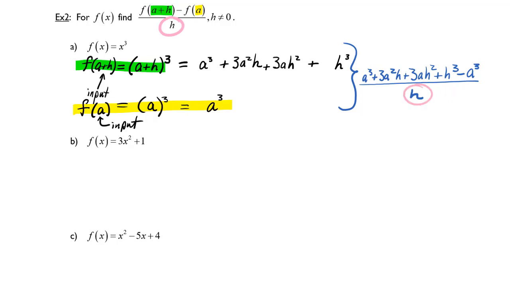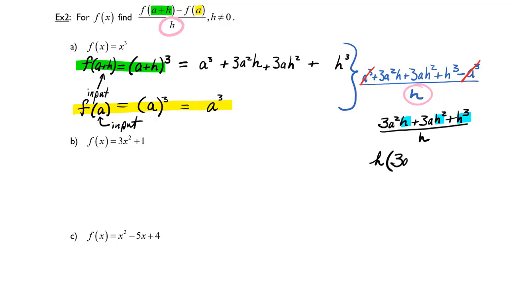Well, I know that my a cubes add to 0. And that's going to leave me the remaining portion here, 3a squared h plus 3ah squared plus h cubed all over h. And notice that my numerator has an h in every single term. Well, I can just go ahead and factor that h out front.